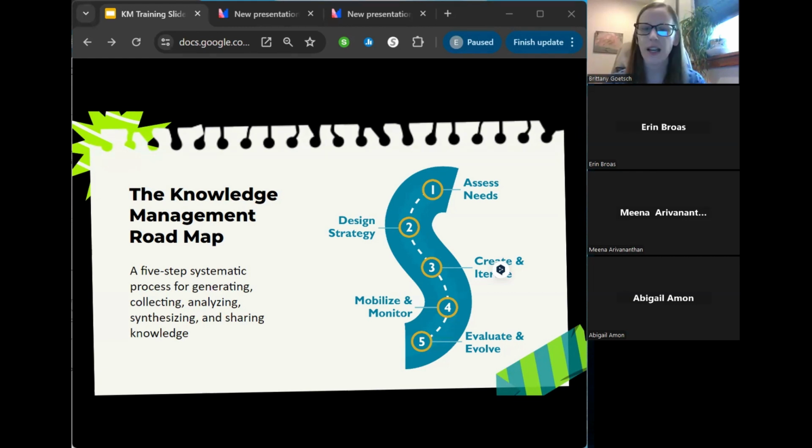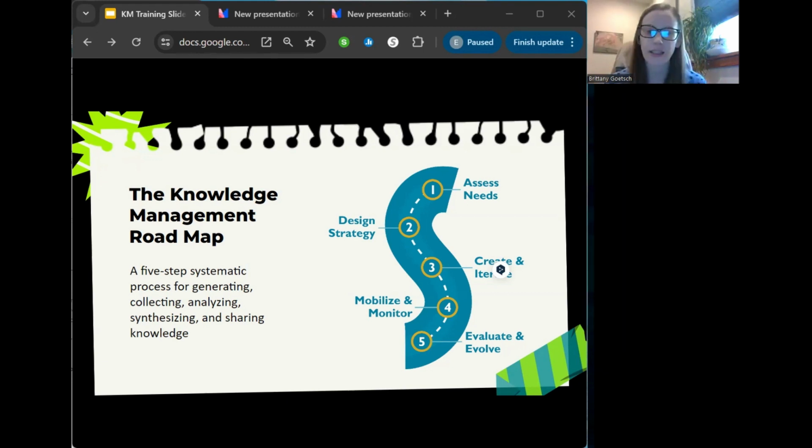These 5 steps are probably fairly familiar to anyone involved in project management, because it follows similar steps, including assessing needs, designing a strategy, creating and iterating, and mobilizing and monitoring, and then evaluating and evolving. What's different is that the steps specifically apply to knowledge management work. So this roadmap can really be helpful to guide health workers and professionals when applying KM systematically and strategically. So I'll provide an overview and really focus in on this assessing needs step.